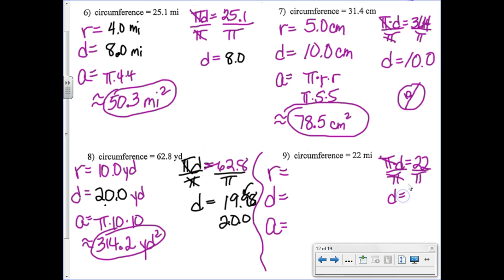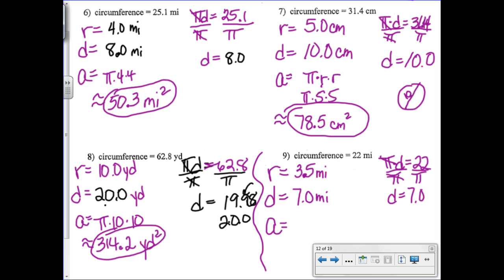That means your diameter is 22 divided by pi, which rounds to 7, or 7.0, to the nearest tenth. And that's in miles. Your radius is half of this. Okay, the radius is half as big, which means this would be 3 5/10, or 3.5 miles.